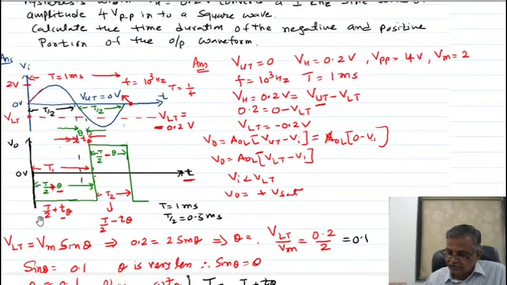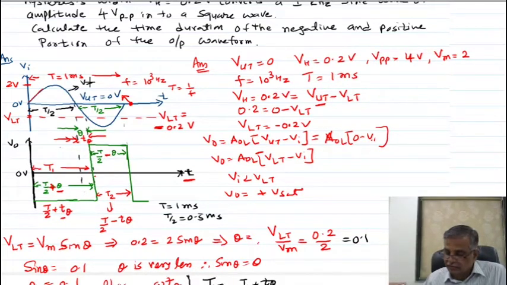I think you understand this numerical. So what are the questions? You are applying this in your sine wave: find out the periodic time of a square wave, T1 and T2. When the input passes through 0, there is a shift in phase, how much? Theta. So what is your theta? VLT upon Vm. Here I have explained, during the positive half, output is negative because this is given at the negative terminal.